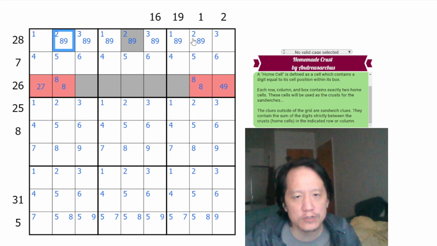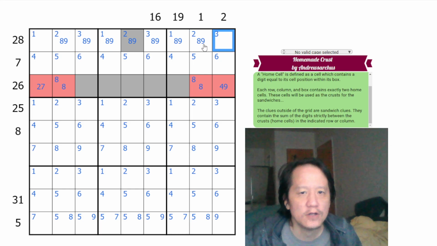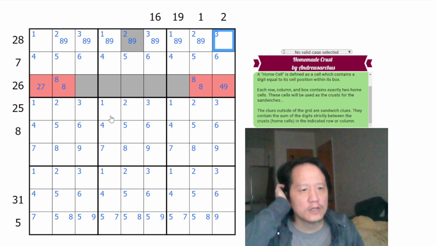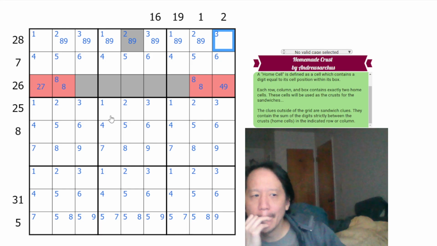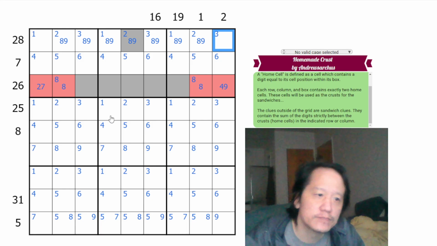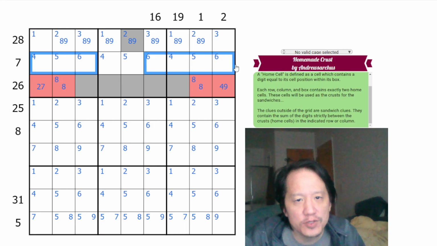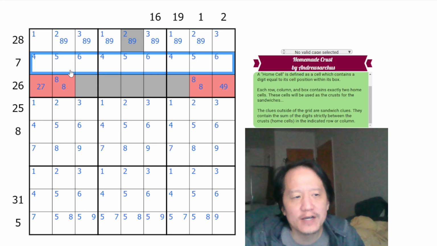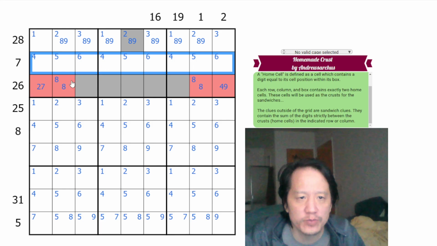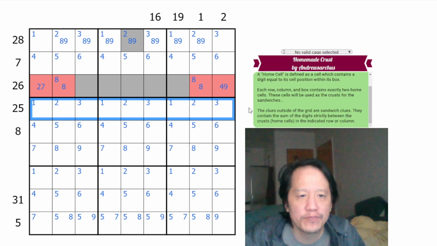Or you have a 2 and a 2, or a 3 and a 3. Interesting. So this crust in row 2 has to have a difference of, the crust has to be 1 apart or 3 apart. It can never be 2 apart. Here, 25.